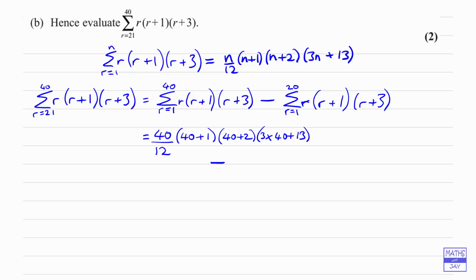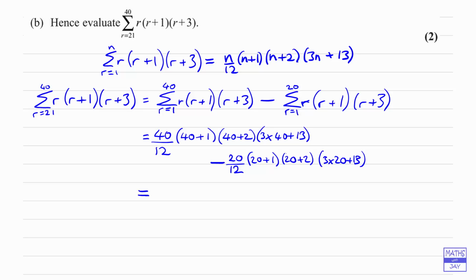So then we're going to take away, and now we're going to put in 20 for n. So each time we've come across n, we put down 20. So we've got 20 over 12 times 20 plus 1 times 20 plus 2 times 3 times 20 plus 13.